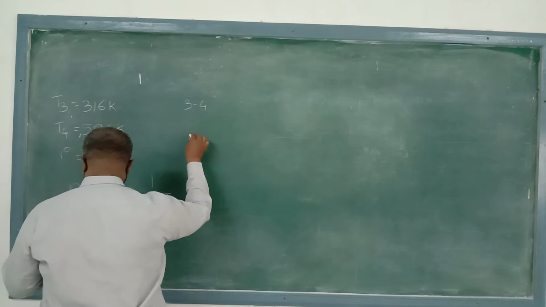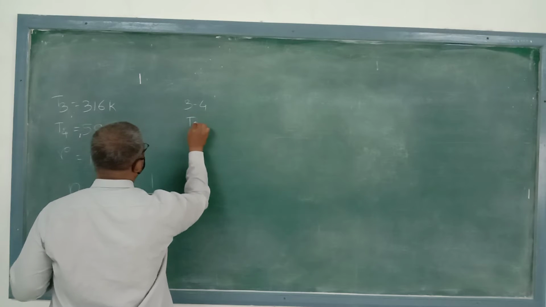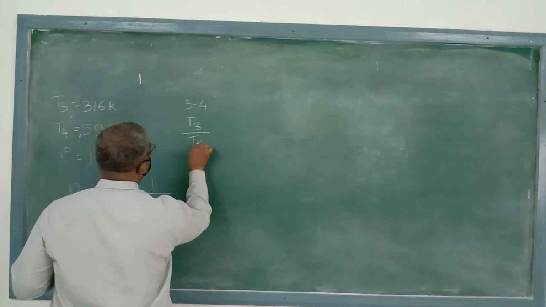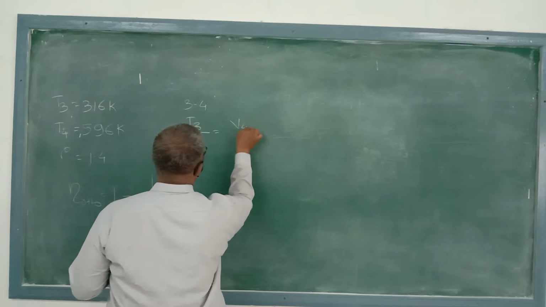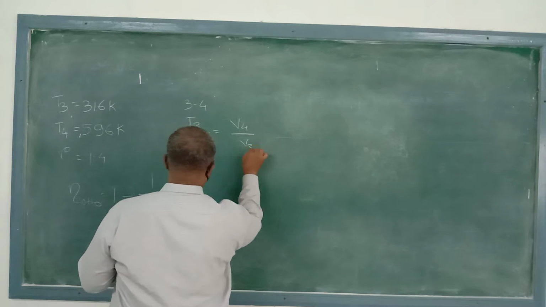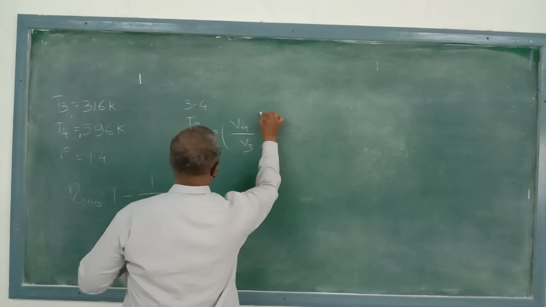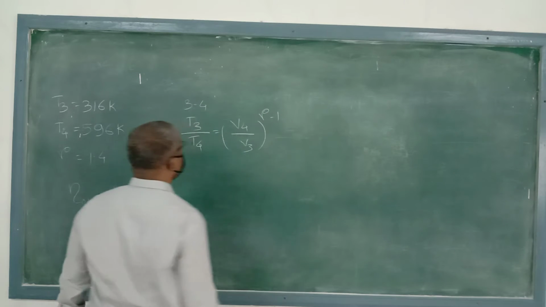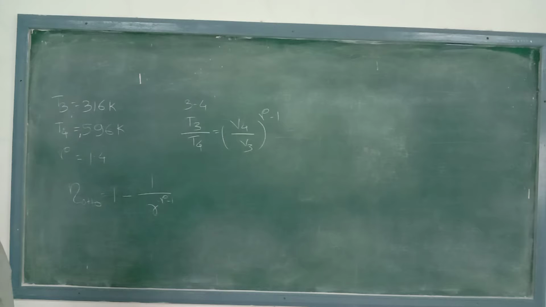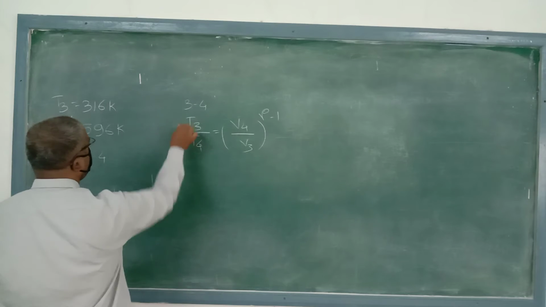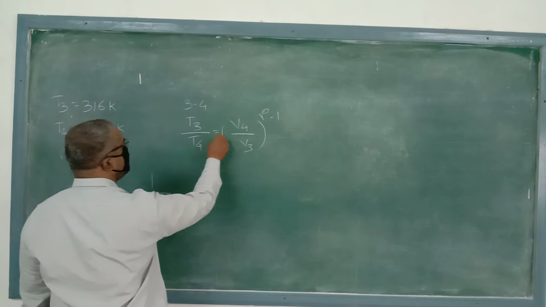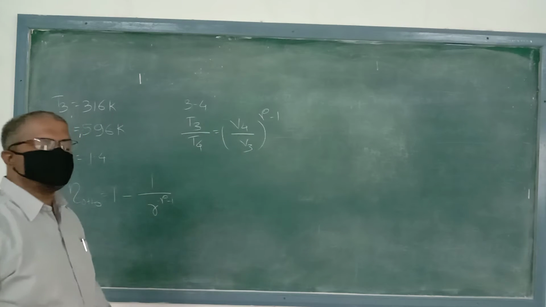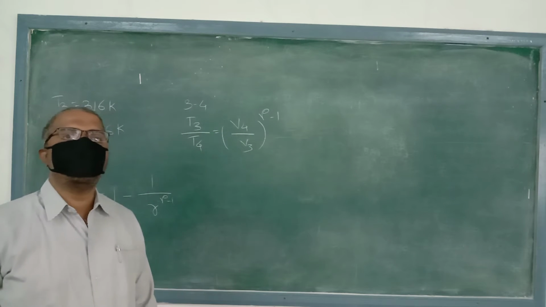So we know the relation between temperature and volume during isentropic compression process: T3 upon T4 is equal to V4 upon V3 raised to gamma minus 1.